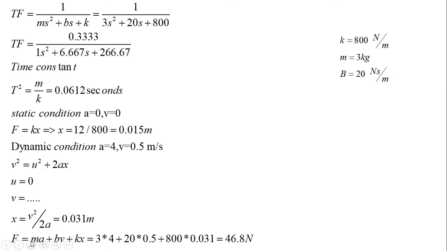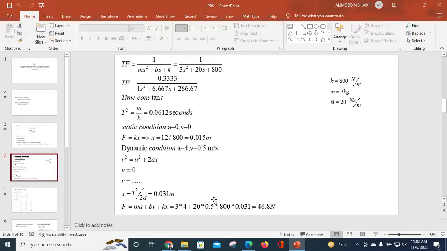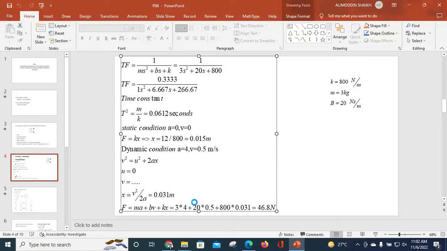If you write this equation in the form of time, then f of t is equal to mass into d2x by dt square. Mass into the double derivative of x, which is acceleration. Let me write this out. Give me a minute, I will start the equation editor.